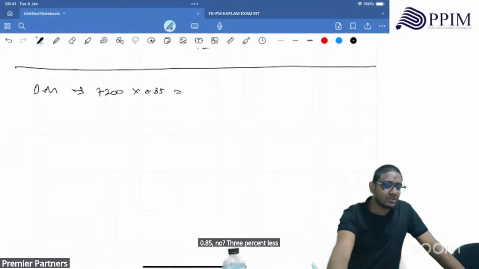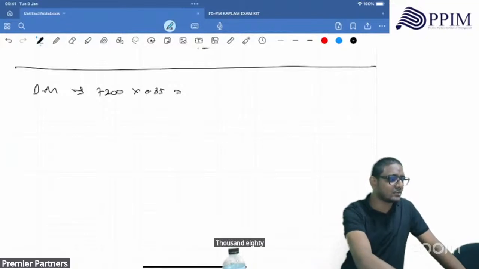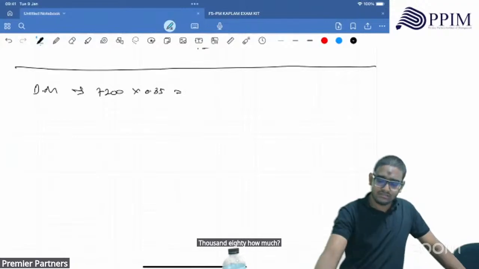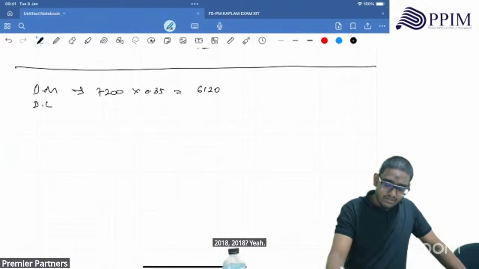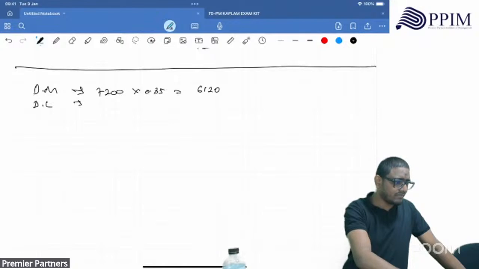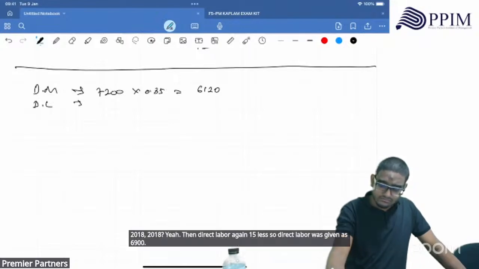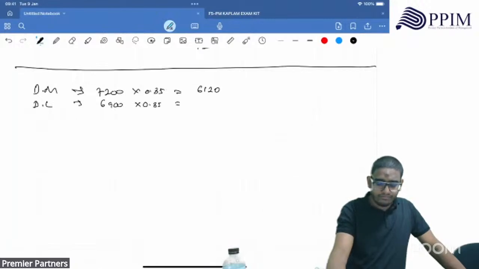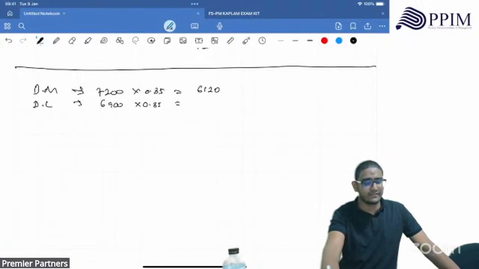So 7,200 into 0.85, 720, 360, 1,080, 6,000, how much? 6,120, 1,080, yeah. Then direct labor, again 15% less. So direct labor was given as 6,900 into 0.85. 6,900 and 0.85, 5,865. Good.